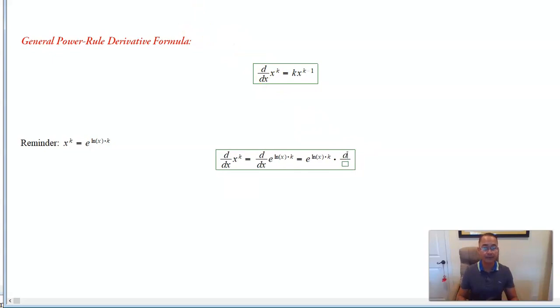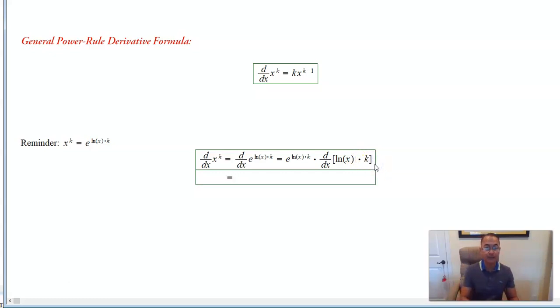So times the derivative with respect to x of what's in there, which is the ln of x times k. Okay, and shall we put brackets around them? Yeah, just in case you think that. Okay, however, that k is a constant, so we can take it out.